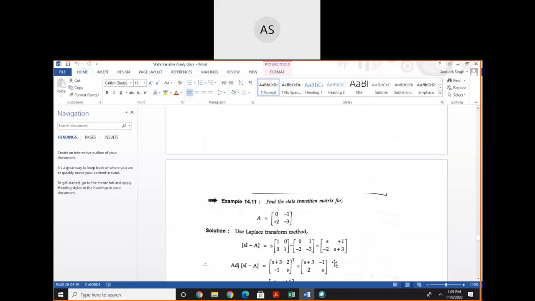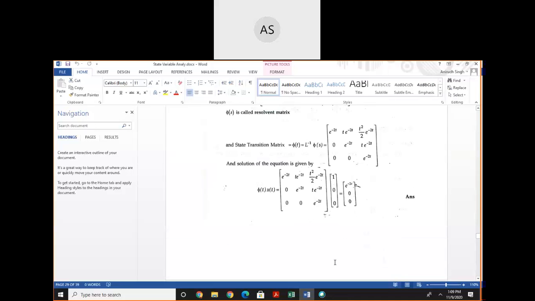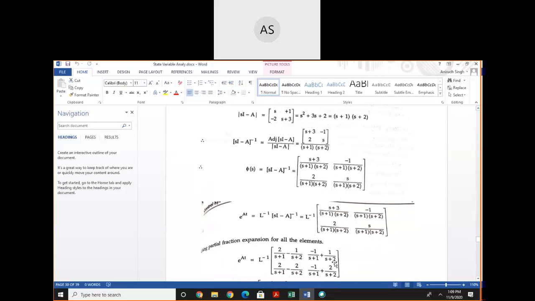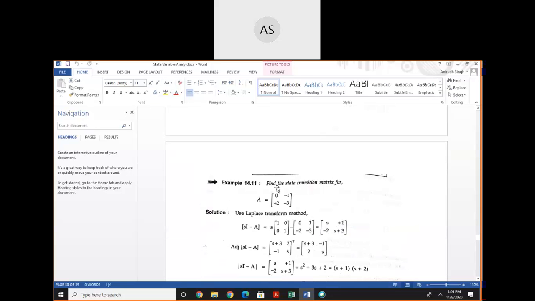Similarly, minus 2 exponential minus t plus 2 exponential minus 2t, and minus exponential minus t plus 2 exponential minus 2t. And this is the state transition matrix.